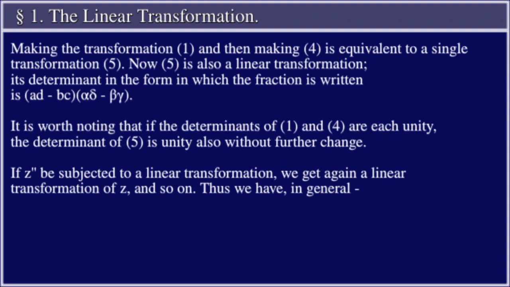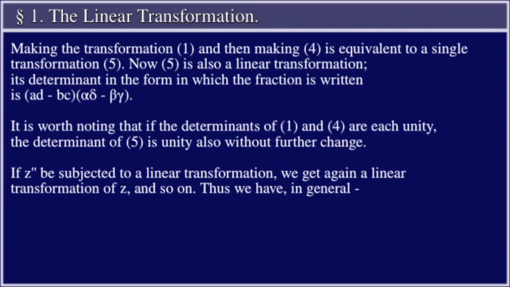Now 5 is also a linear transformation. Its determinant, in the form in which the fraction is written, is the quantity ad minus bc times the quantity alpha delta minus beta gamma. It is worth noting that if the determinants of 1 and 4 are each unity, the determinant of 5 is unity also without further change.